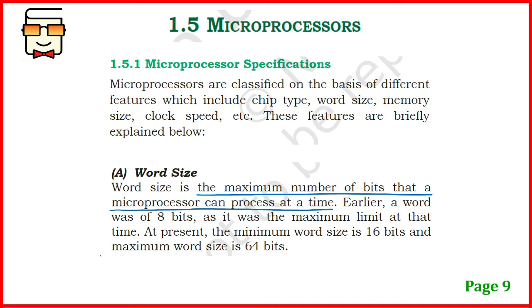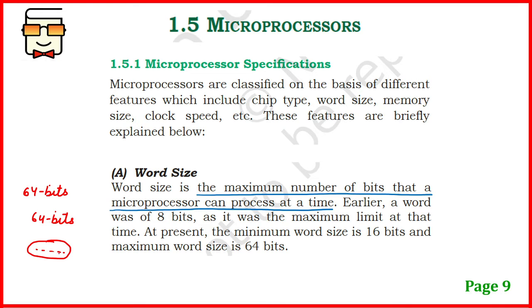So starting with, what is the word size? Word size refers to the maximum number of bits that can be processed or used by the microprocessor at any point. So if I say that my microprocessor is a 64-bit microprocessor, it means it can take 64 bits of data, and at the same time it can process all these 64 bits.